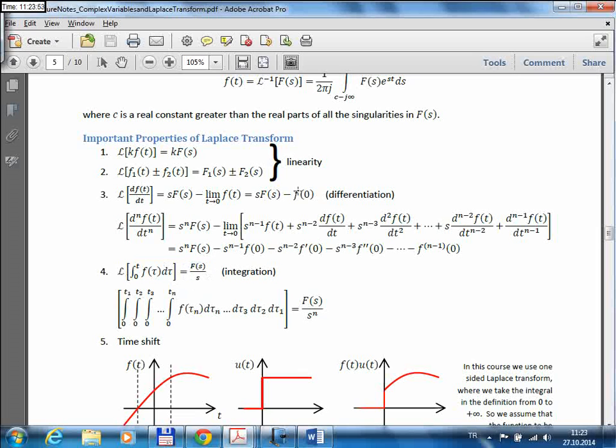Similar to the differentiation property, you can use this for repeated integrals. If a function is integrated n times, the transform of that becomes equal to the transform of the original function divided by s to the power n. Okay, so we will see that these properties will become very useful.